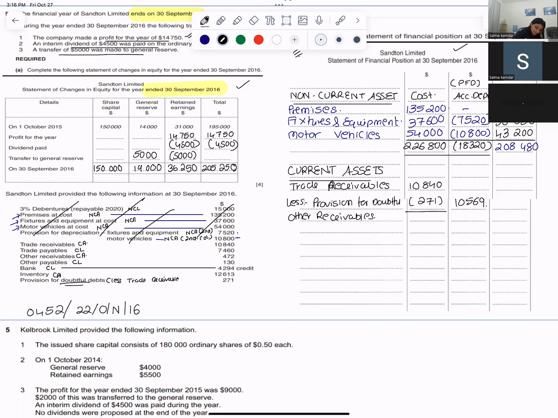After that, we do inventory, 12,613. No other current assets. Total current assets is 23,654.